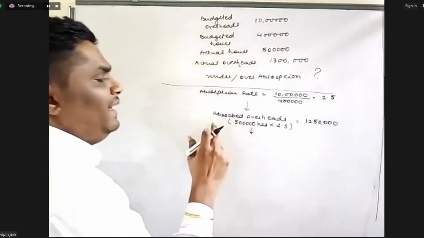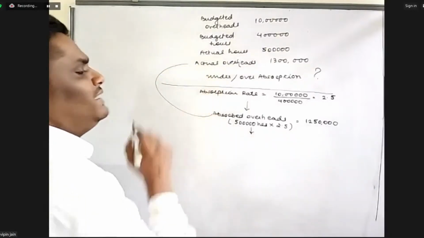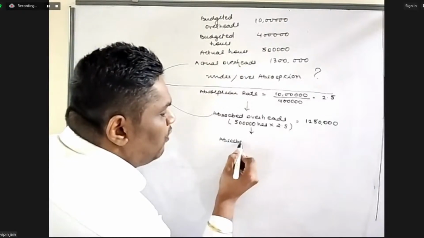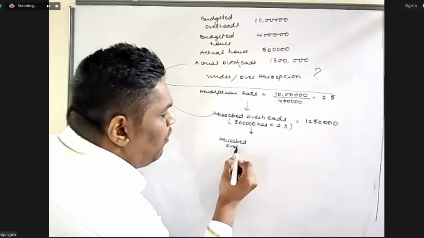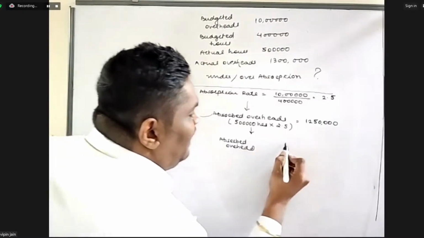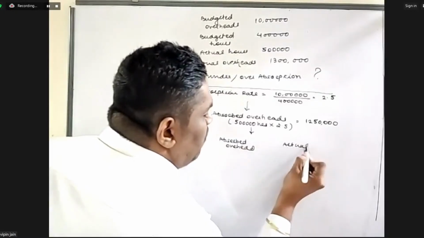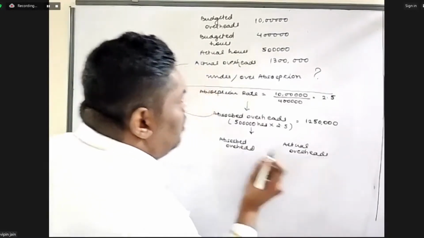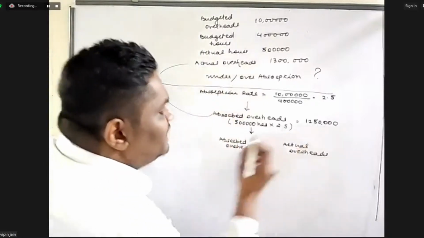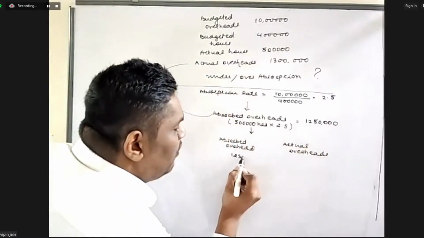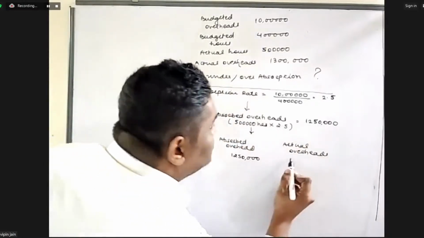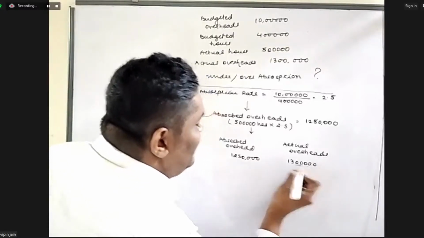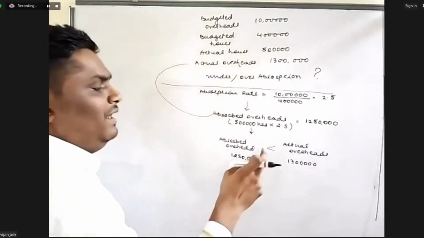Now we will compare these absorbed overheads with actual overheads. Here my absorbed overheads are 12,50,000. My actual overheads are how much? 13 lakh. So now see, absorbed overheads are less.